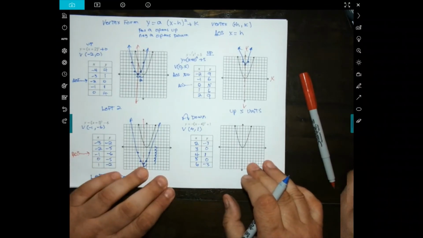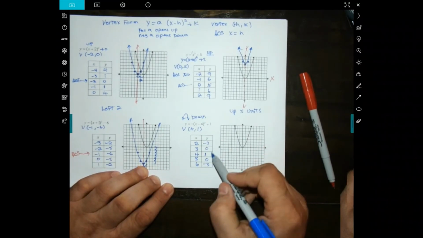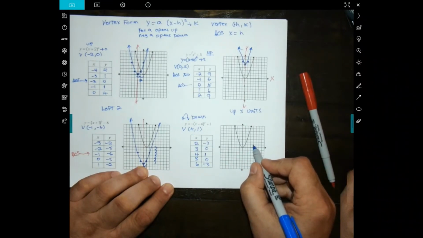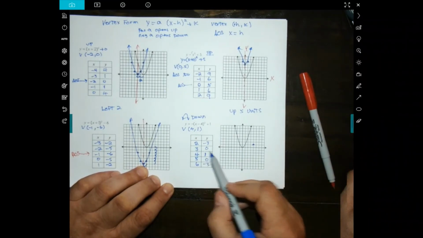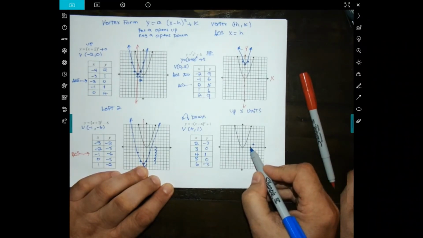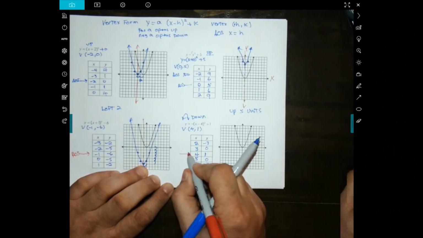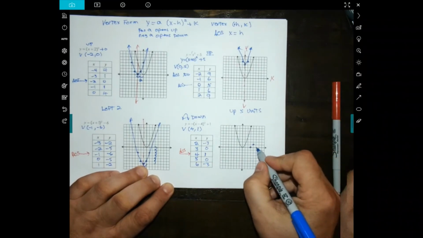Okay, so if I plot this one, I know my vertex is at 4 and 1, so it's 1, 2, 3, 4, and up 1. I know it opens down, so my next point is at 3 and 0. My axis of symmetry is right there. I have a point here.